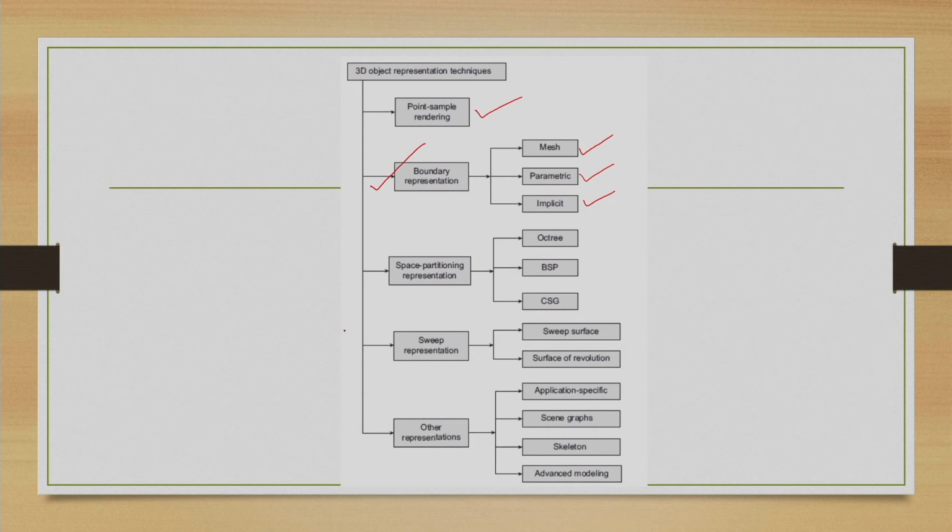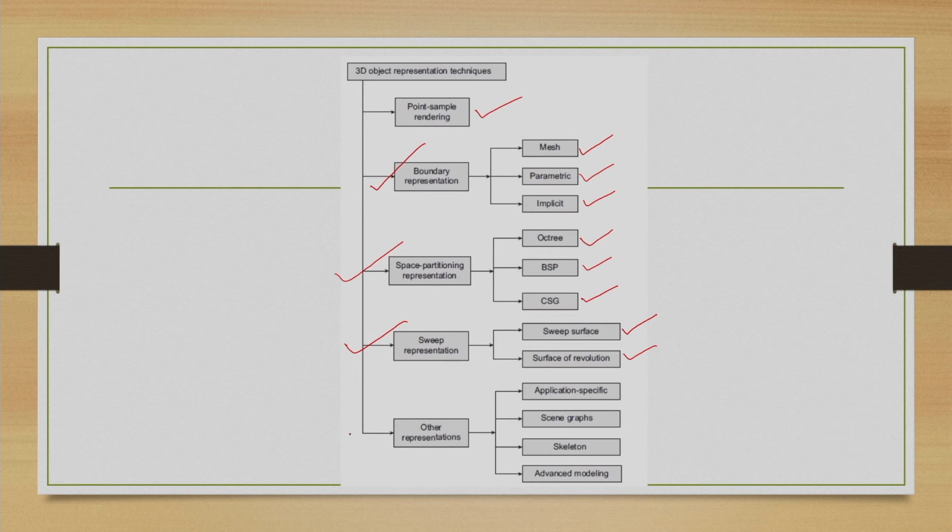The other techniques include space representation or space partitioning based representation technique, which itself has 3 sub techniques: octree, BSP or binary space partitioning and CSG. Then we have sweep representation having further techniques, namely sweep surface representation and surface of revolution representation.